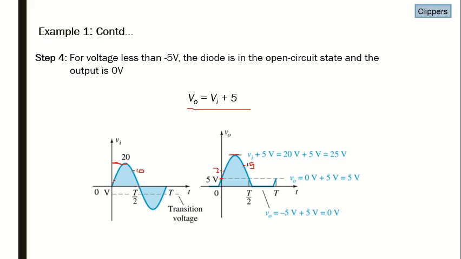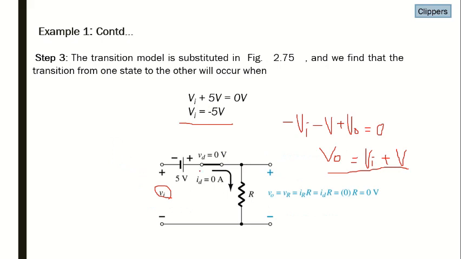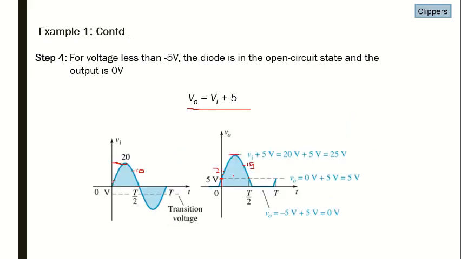Here at this point, when the input signal Vi is 0 again, we are getting plus 5 volts. So the positive half cycle starts from here and ends here, and this is the difference which is created by a potential V.